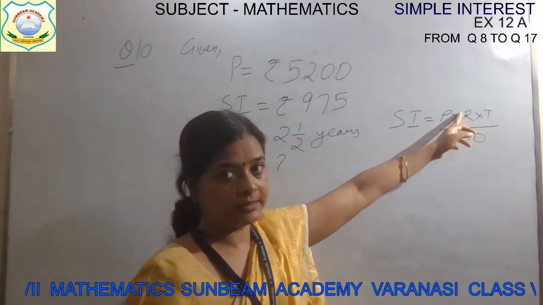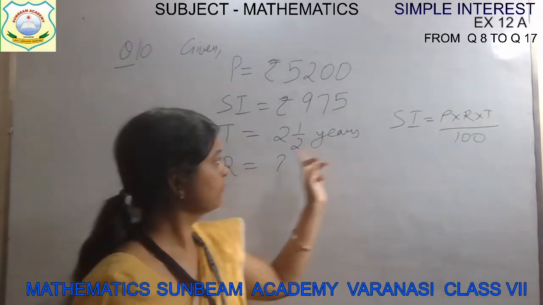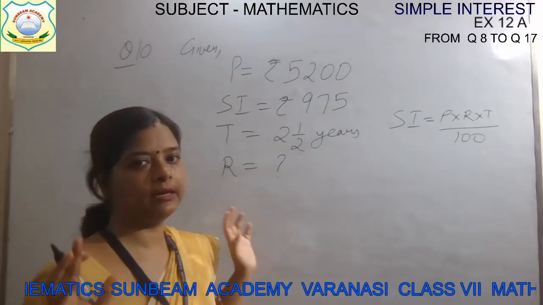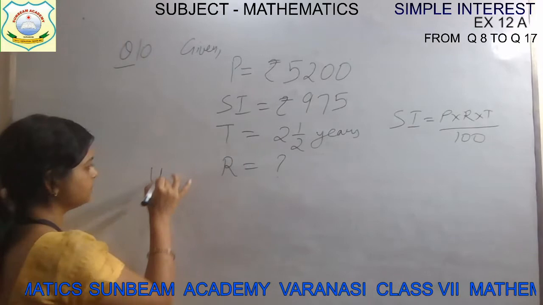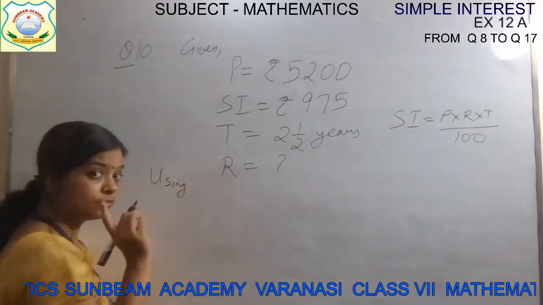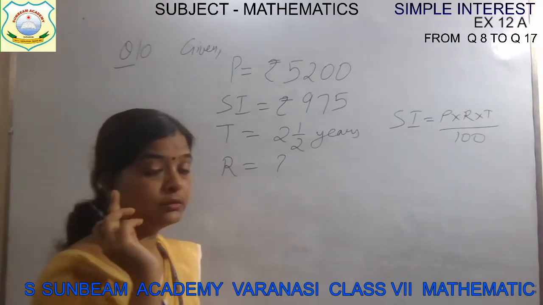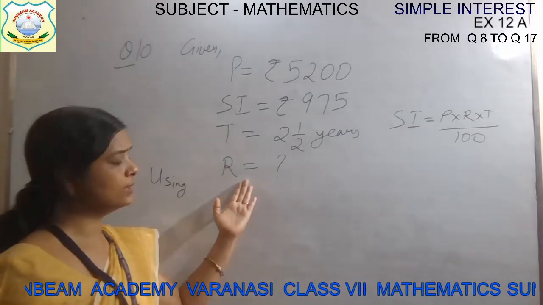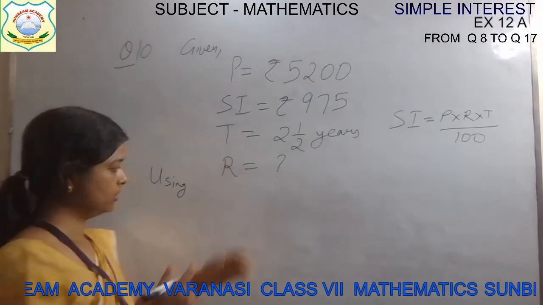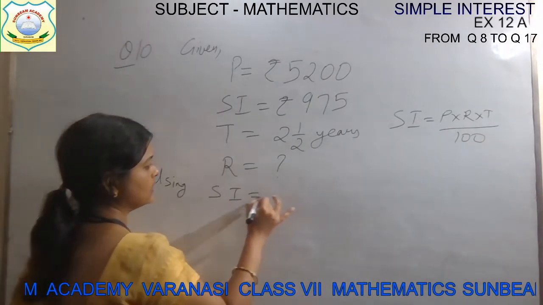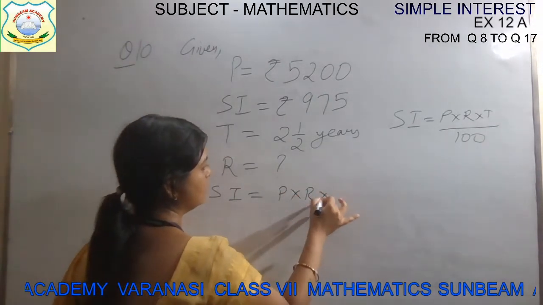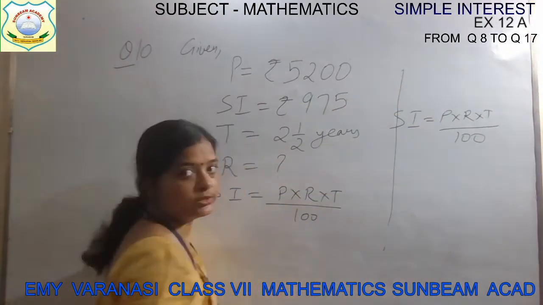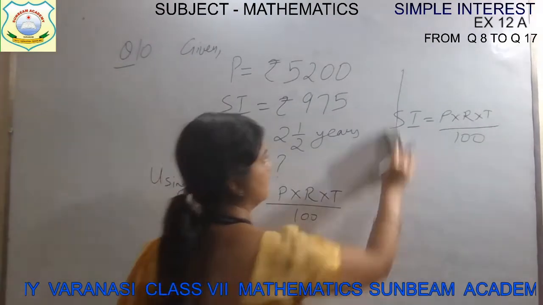You have to find the rate, and do you know the time? Yes. So we will straightforwardly put the values in. You have to think which formula we should use so that we can find the value of rate. Using SI is equal to P into R into T upon 100. This is rough work, children. This is your rough work. Okay. Let me erase it.